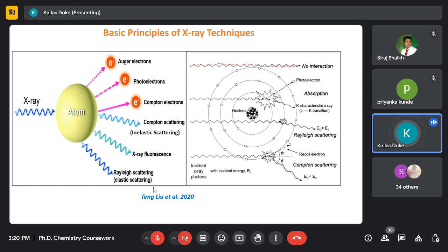Removing an electron from the valence shell requires very little energy, and X-rays have much more energy. Even ultraviolet radiation has enough energy to remove a valence electron, and we can observe Compton scattering in UV spectroscopy also.